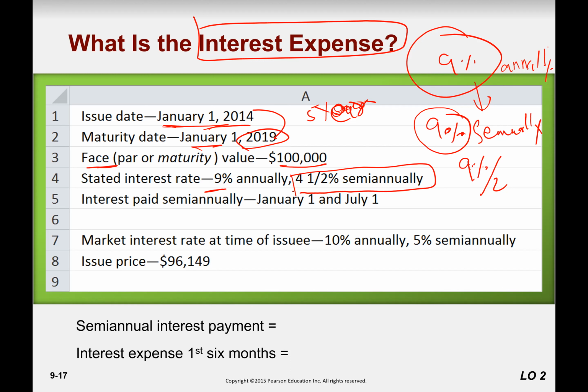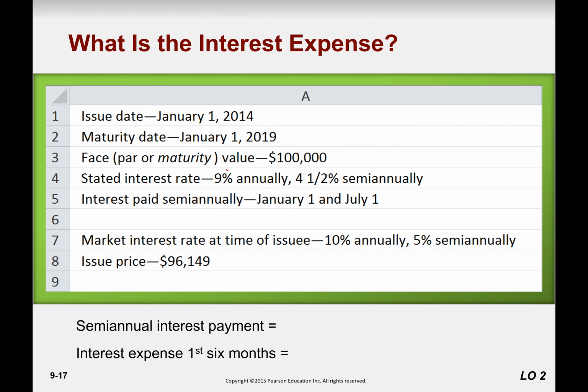Interest is always given on an annualized basis, and the payment follows. So 9% semi-annually means the payment is 4.5% every 6 months, not weeks.